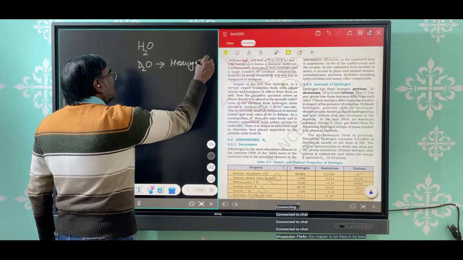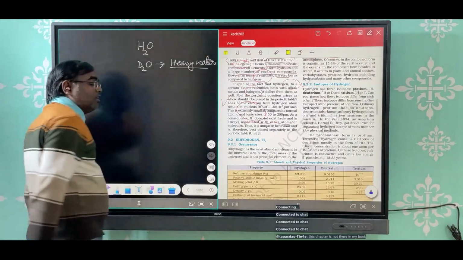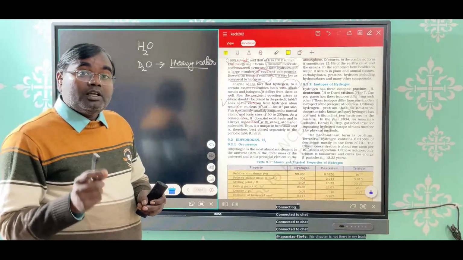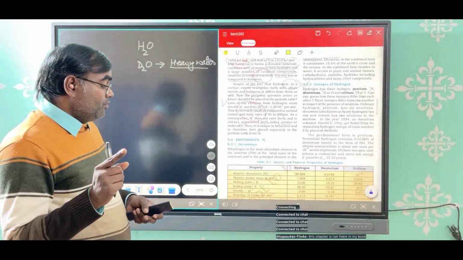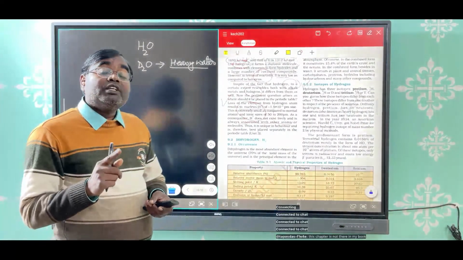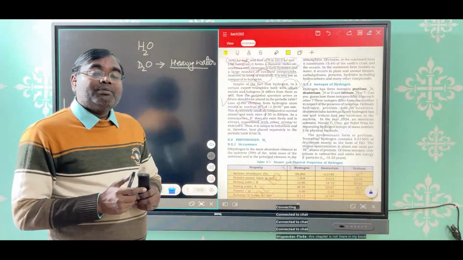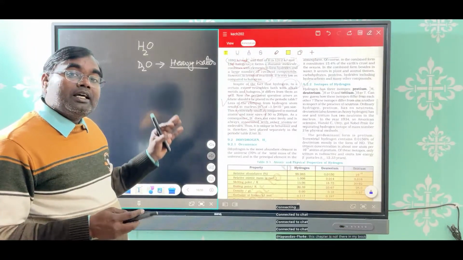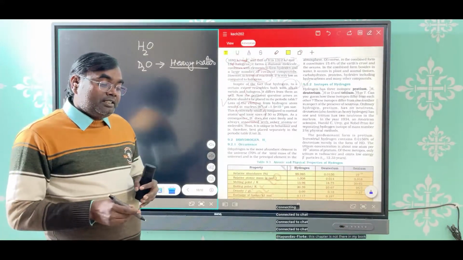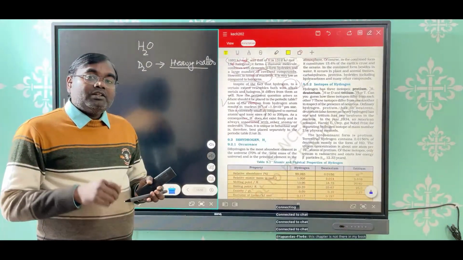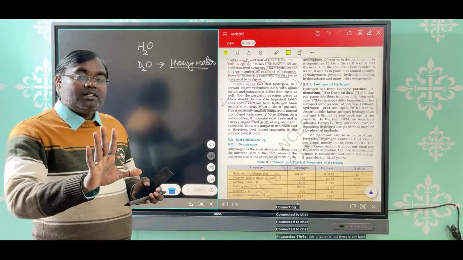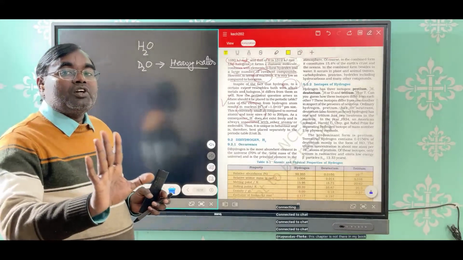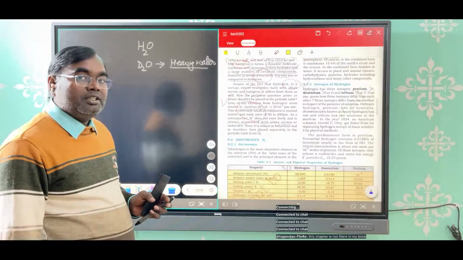This heavy water is used in the nuclear reactor, and its heaviness is utilized as a moderator or barrier for stopping the neutrons' further bombardment.